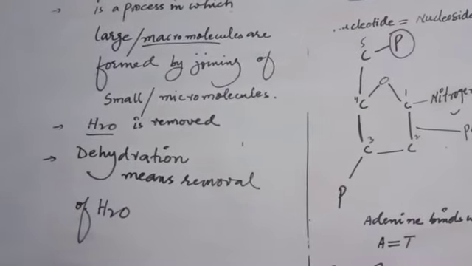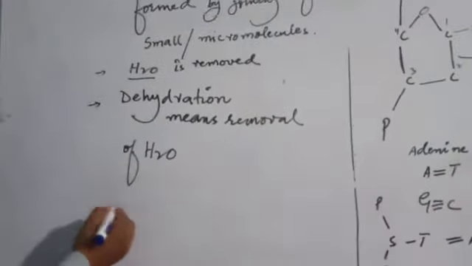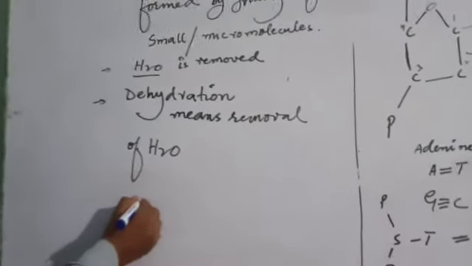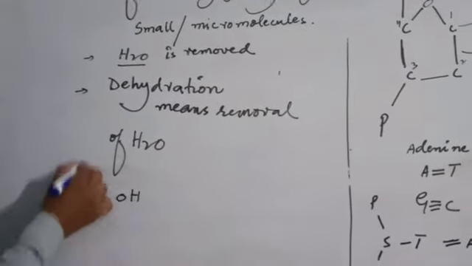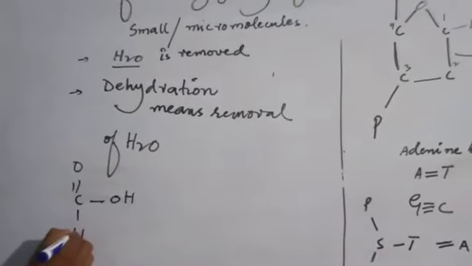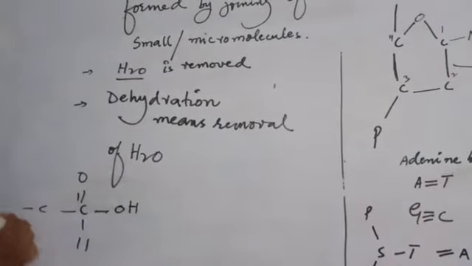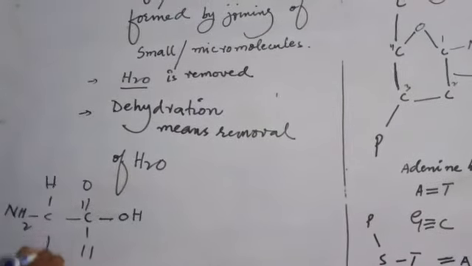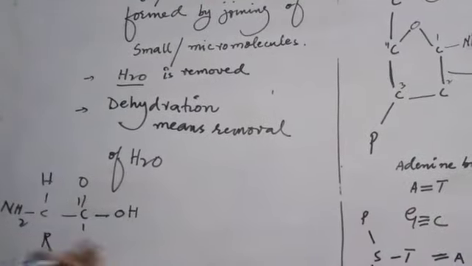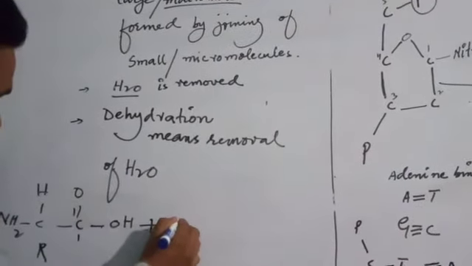When two subunits join together, suppose two amino acids join together. Here is one amino acid, and here is another amino acid.